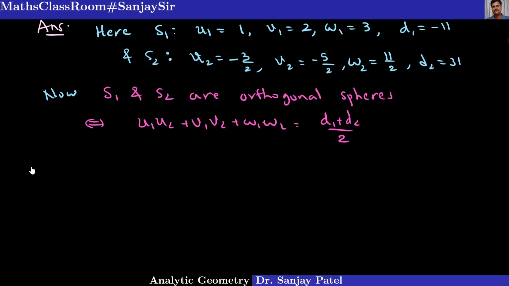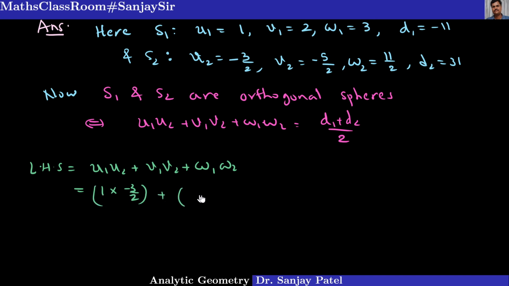So let me find the LHS first. So LHS, that is U1 U2 plus V1 V2 plus W1 W2 is equal to, what is U1 and U2? It is written here. So it is 1 into minus 3 by 2, okay, plus V1 V2, that is 2 into minus 5 by 2, plus W1 W2, that is 3 into 11 by 2. So what you will get is minus 3 by 2.